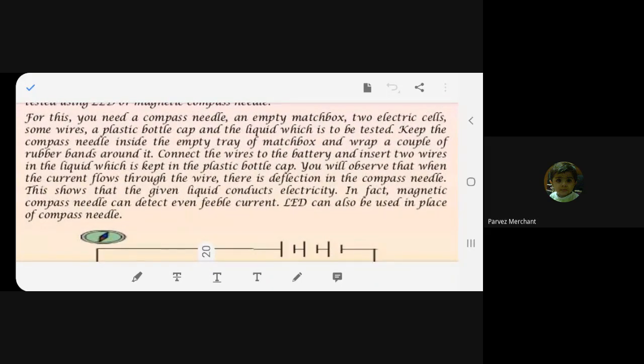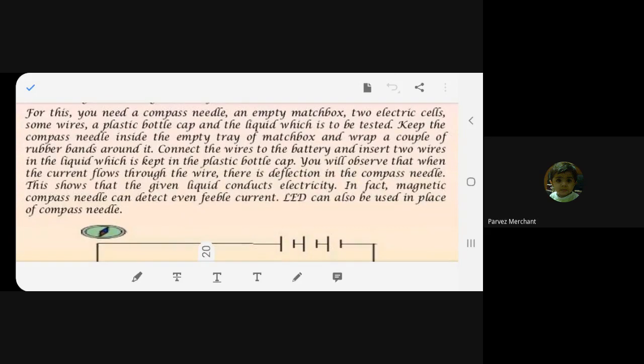For this, you need a compass needle, an empty matchbox, two electric cells, some wires, a plastic bottle cap, and the liquid which is to be tested. Keep the compass needle inside the empty tray of the matchbox and wrap a couple of rubber bands around it. Connect the wires to the battery and insert two wires in the liquid kept in the plastic bottle cap.